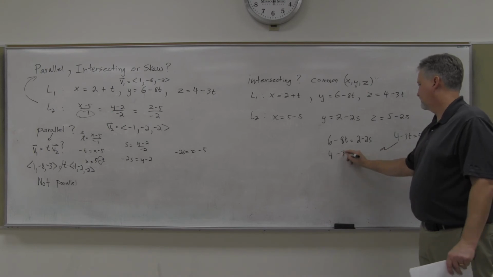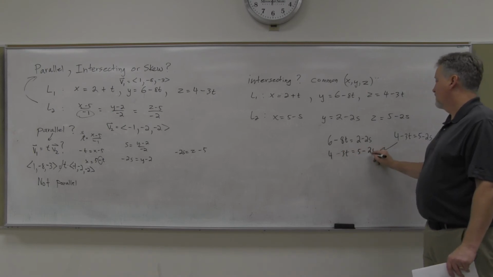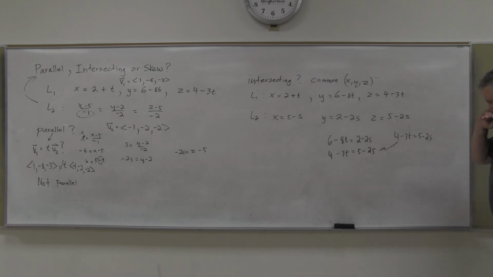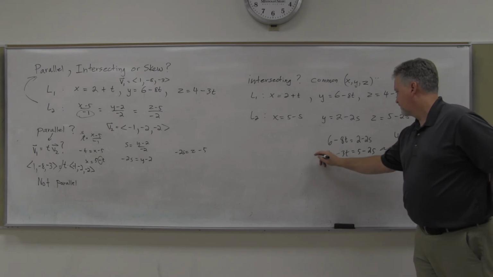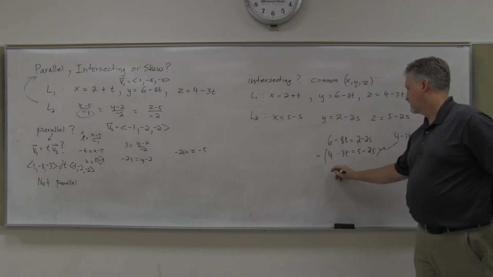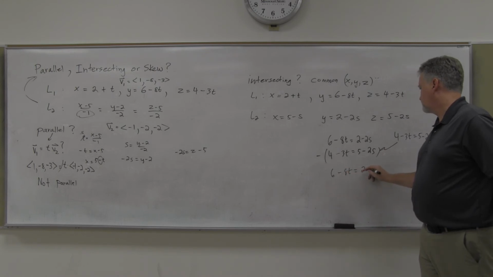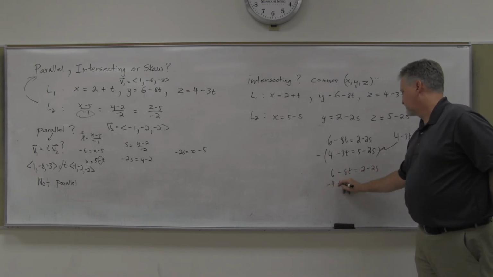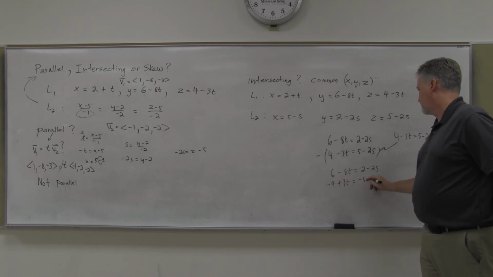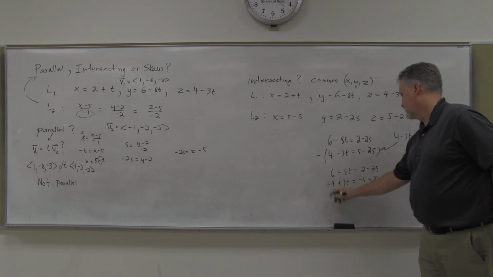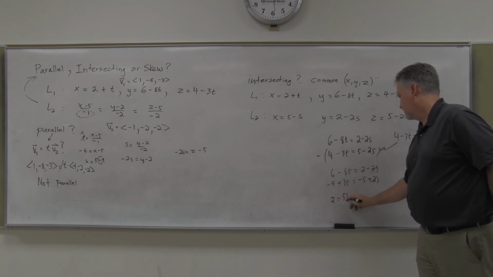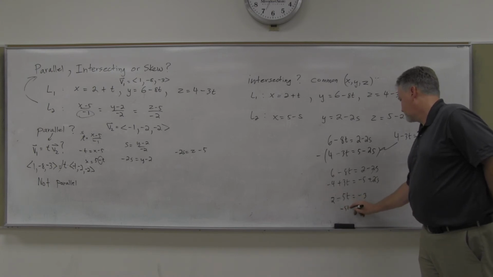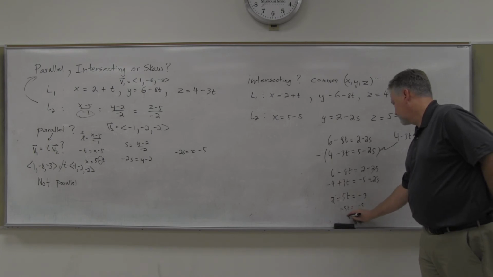Bring that over here, easier to see. If I just multiply this one by -1, let's see: 6 minus 8t equals 2 minus 2s, and -4 plus 3t equals -5 plus 2s. That'll get rid of the s's. Positive 2 minus 5t equals -3, so that's going to be t equals 1.